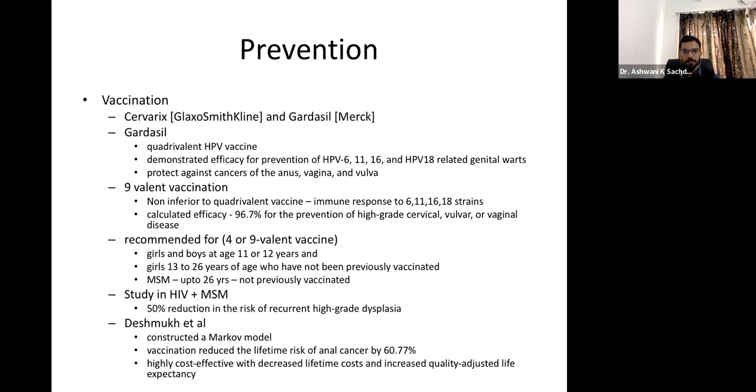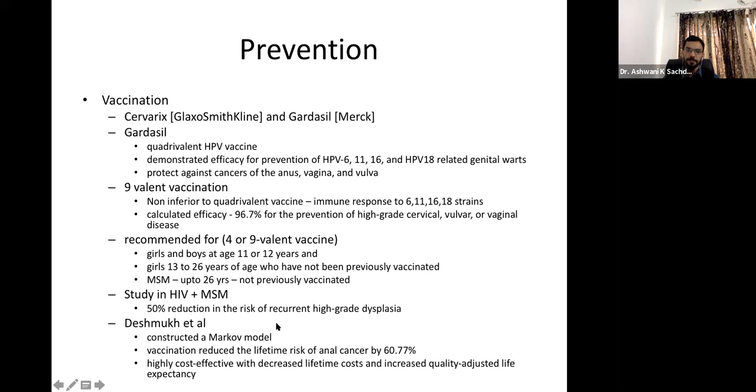And MSM is men having sex with men. Homosexual men up to 26 years who have not been previously vaccinated. This is called catch-up vaccination. Initially recommended only for 11 to 12 years, but later the vaccination was extended up to 26 years.